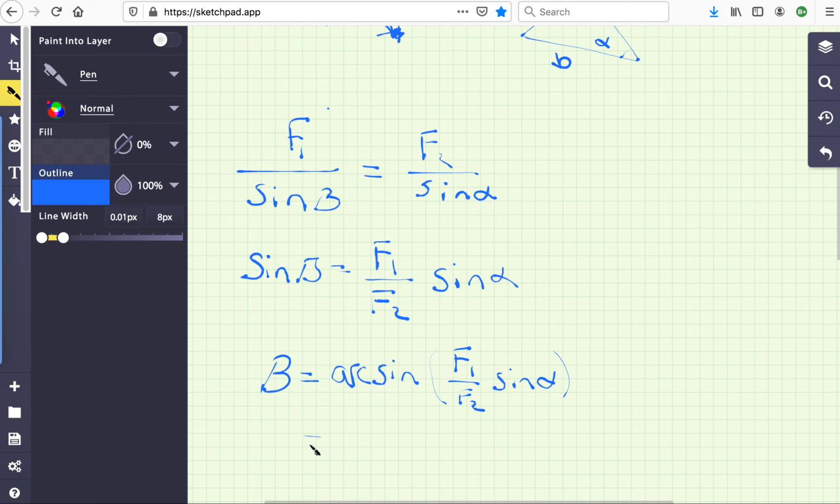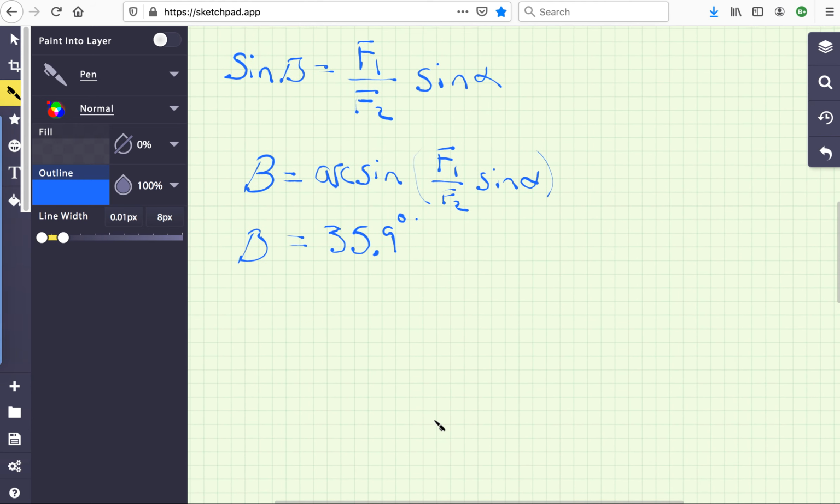And if we put in all of those numbers, we can say that beta is equal to 35.9 degrees. So we're not done yet.